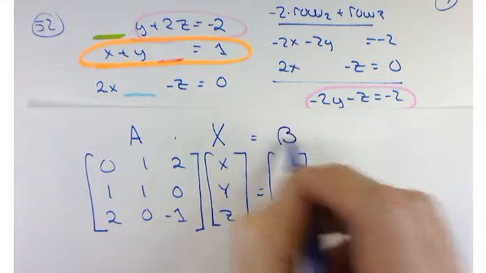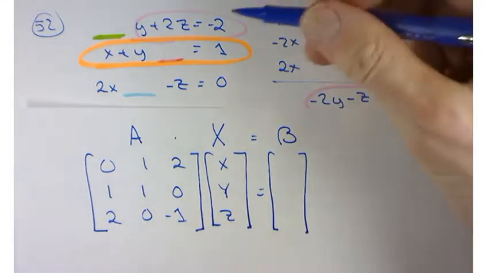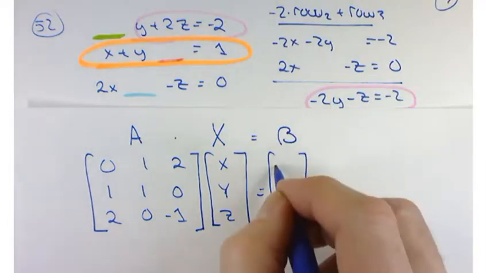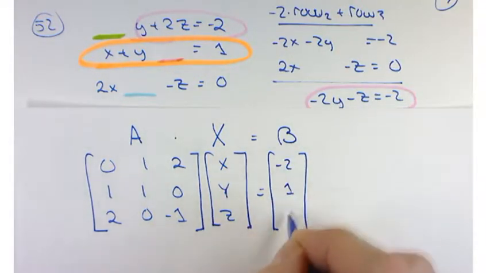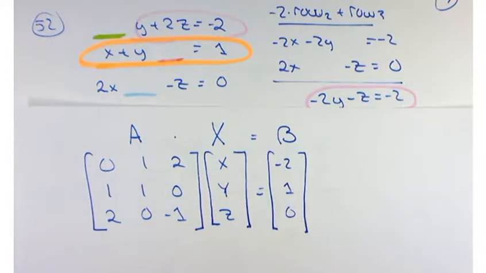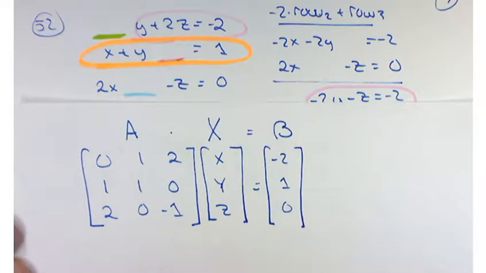Equals B. And B is going to be the right-hand side, so it's going to be negative 2, 1, and 0. Okay, so great. Now we've written this using matrices.